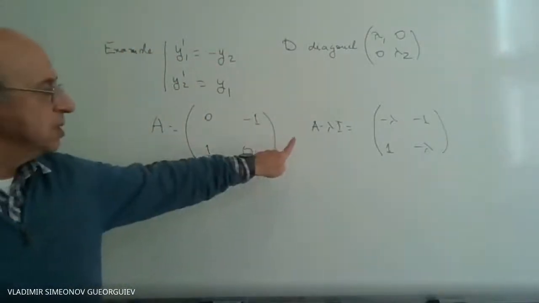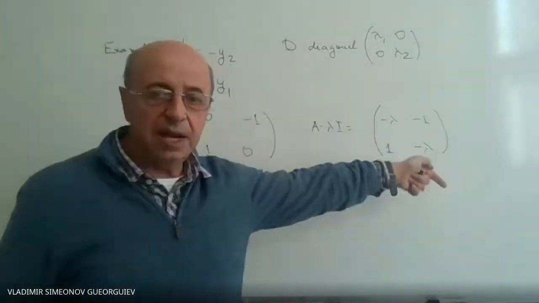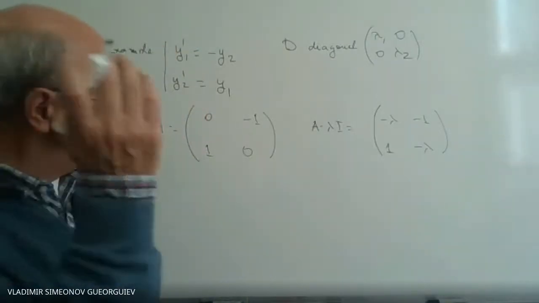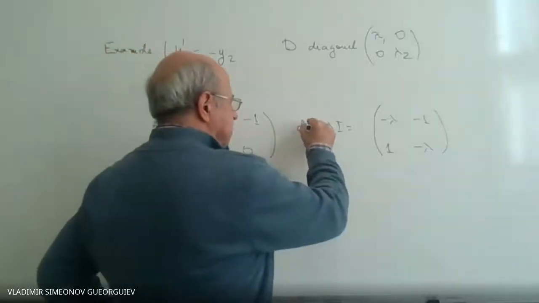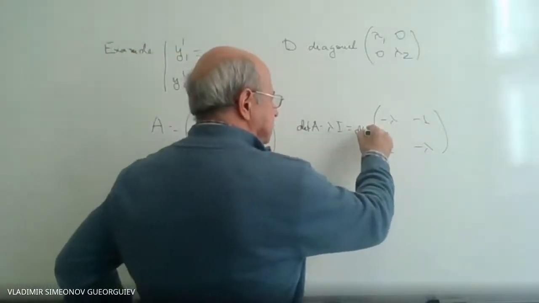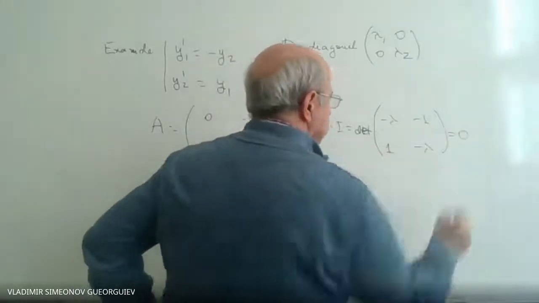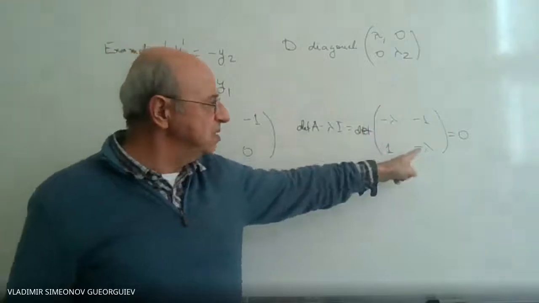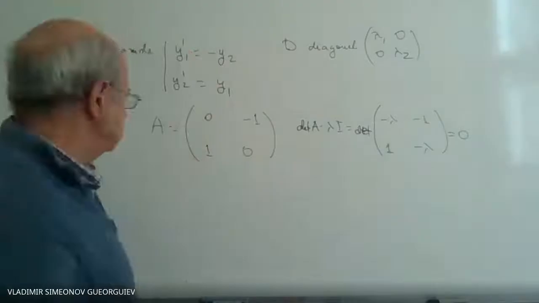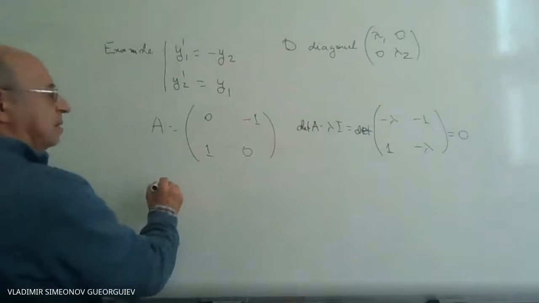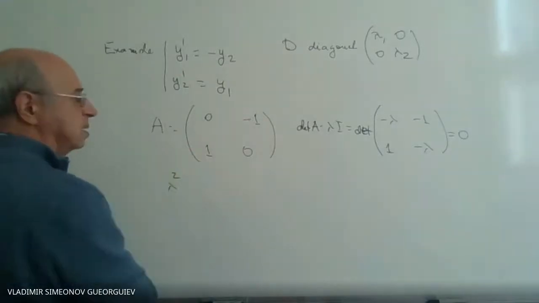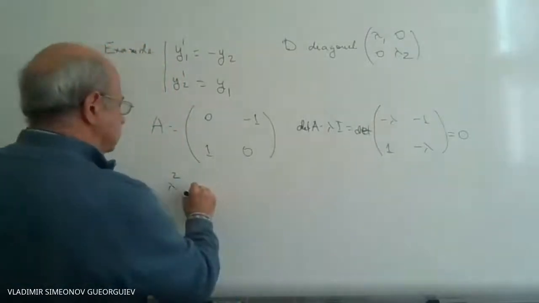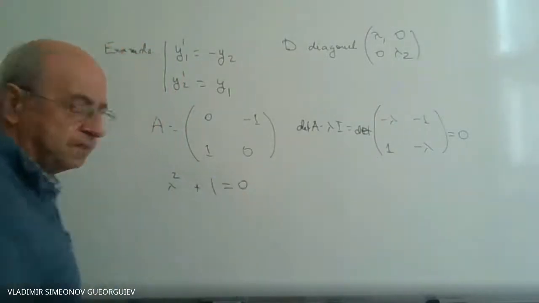So I subtract lambda on the diagonal, as we already have seen, and then we have to take the determinant. The determinant of this equals 0. And we know that the determinant of a 2 by 2 matrix is this by this minus this by this. So we have minus lambda by minus lambda, lambda squared, minus 1 by minus 1 is plus 1, equals 0.